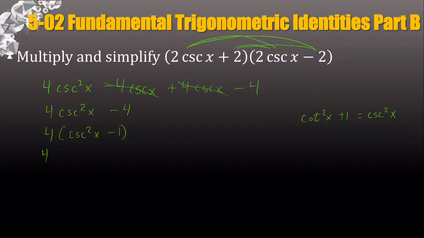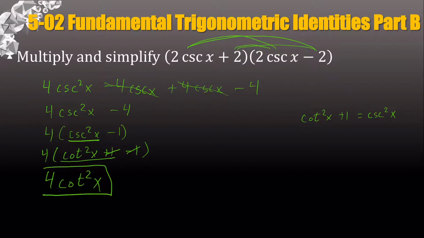So that means I could replace the cosecant squared with cotangent squared plus 1. So with that stuff, the plus 1 minus 1 cancel out, and I have 4 times cotangent squared x, which is definitely simpler.